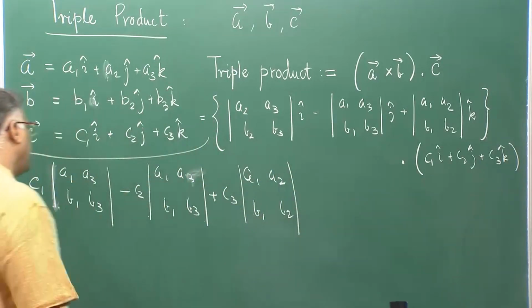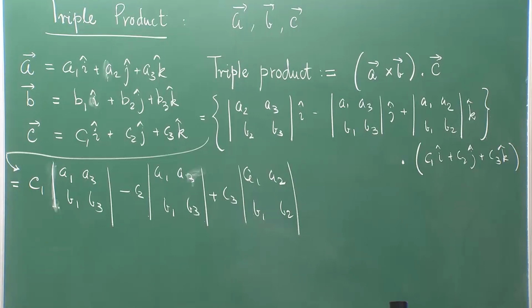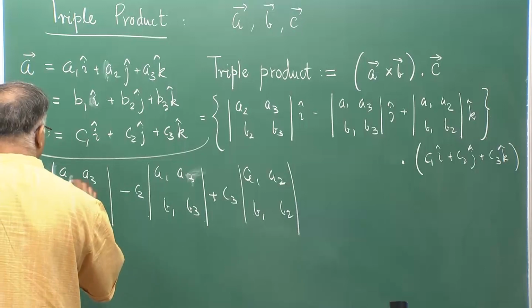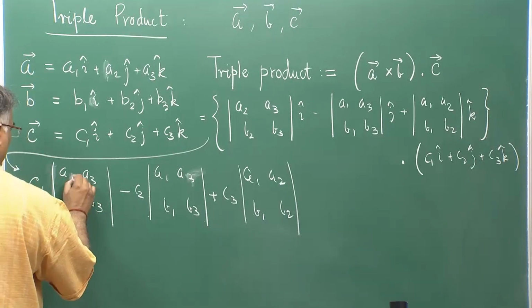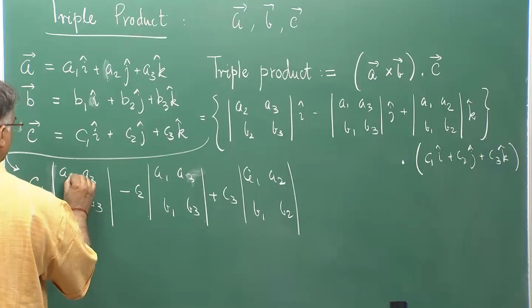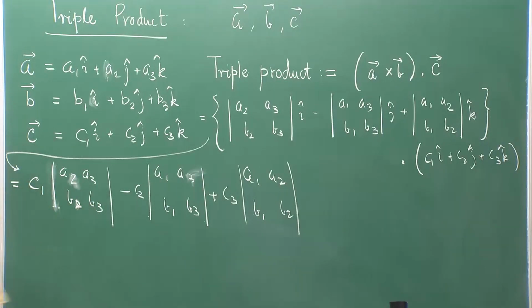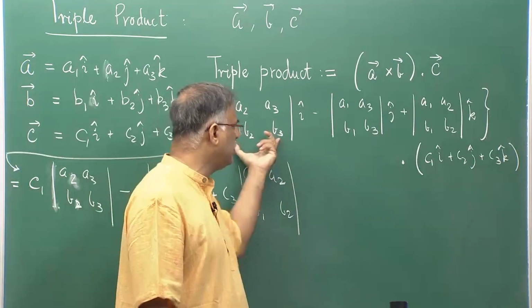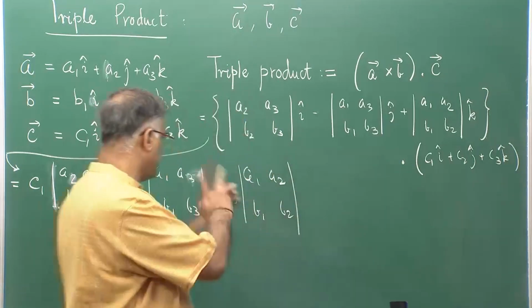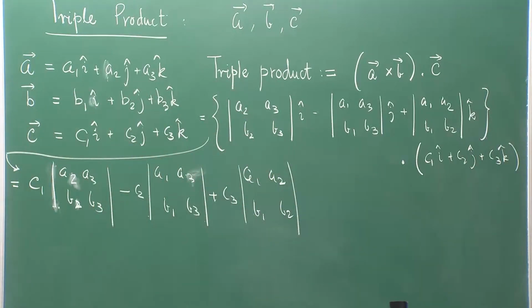So, it can be written as a determinant whose first row is C1, C2, C3, and then A1, A2, A3 and B1, B2, B3. So, what I did was the dot product: the first coordinate of this with the first coordinate of this, second coordinate with second coordinate, third coordinate with third coordinate, and sum up.